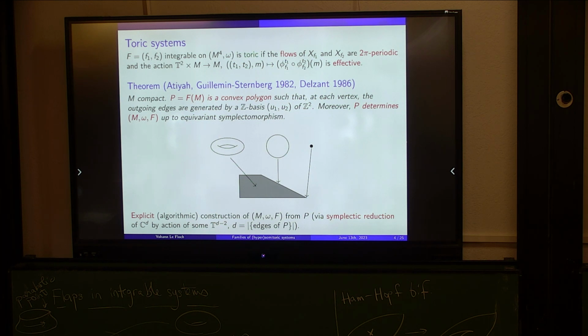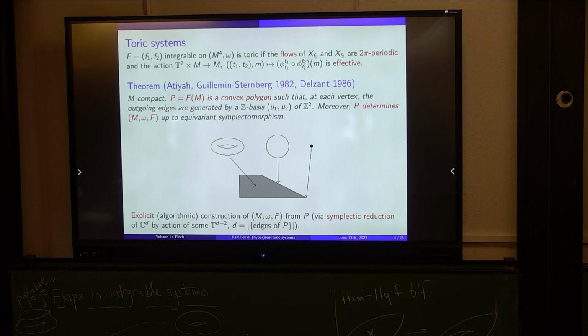But also, something I want to insist on today is that if you give me a polygon, and I have Delzant's paper or some lecture notes with me, I can look at the algorithm, which gives me from this polygon a representative of the isomorphism class. So a toric system with this polygon as its momentum map image.